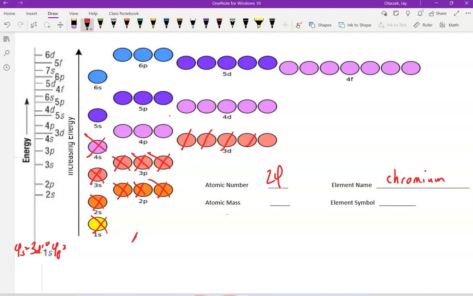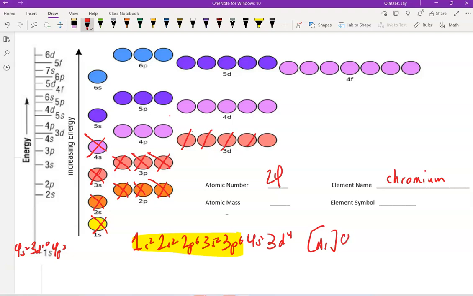So our electron configuration for chromium: 1s2, 2s2, 2p6, 3s2, 3p6, 4s2, 3d4. What's the noble gas notation? If you want to write it like that, you could say that it is simply argon with 4s2, 3d4.